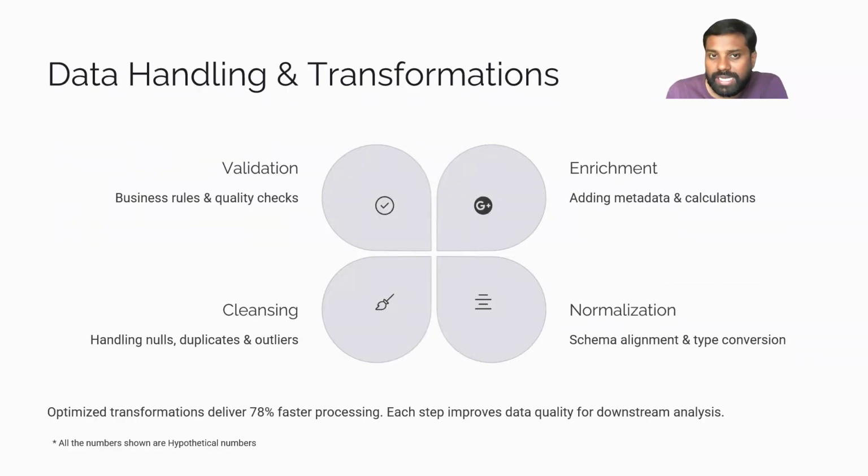This is categorized as transformations or data handling steps where you can do validations, enrichment, cleansing, normalization, etc. Now, if we can optimize this process and ensure that the data transformations are happening faster, then at the end, when the data consumers try to use the data, their life becomes very easy. All right. So that's a very, very important step as part of the data engineering role.